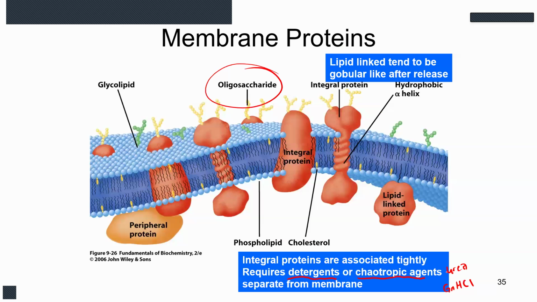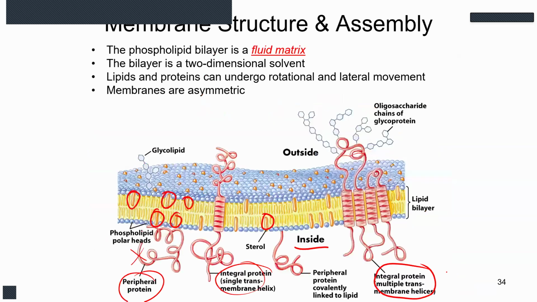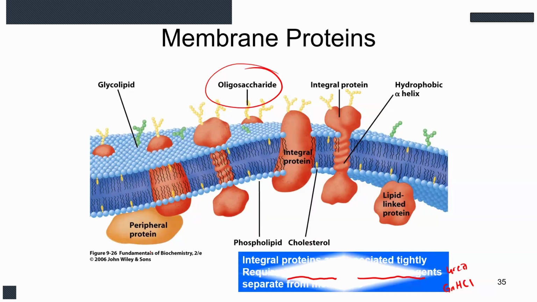Lipid-linked proteins tend to be globular after they are released. And then peripheral proteins are globular-like, and they are easily dissociated. So this peripheral protein down here is kind of like this one right here. It's there, but it doesn't need to be. And if it gets released, it gets released.